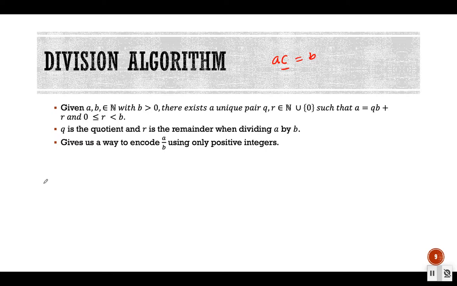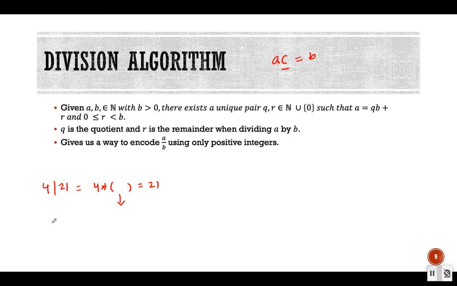For example, if I think about 4 and 21, what about that? If I try to represent it as 4 times some number equals 21, this number is not going to be an integer. It is going to be some real number, some decimal, because 4 doesn't evenly divide 21.